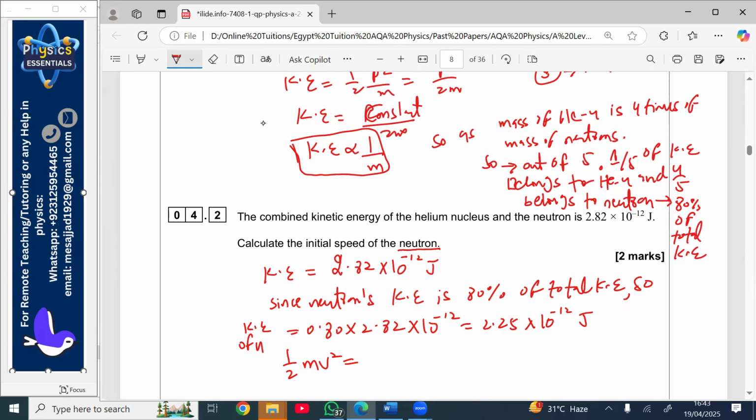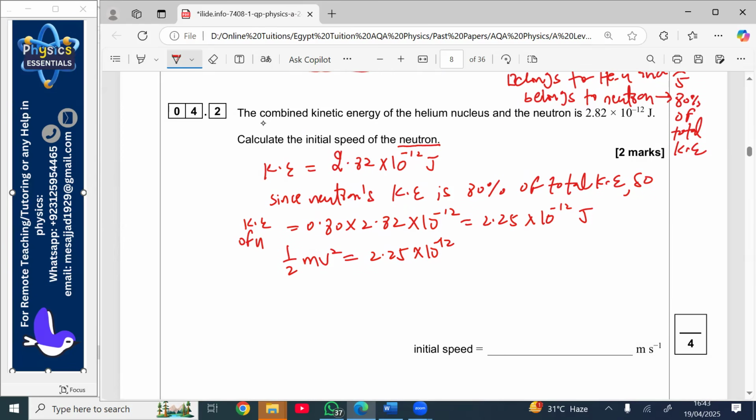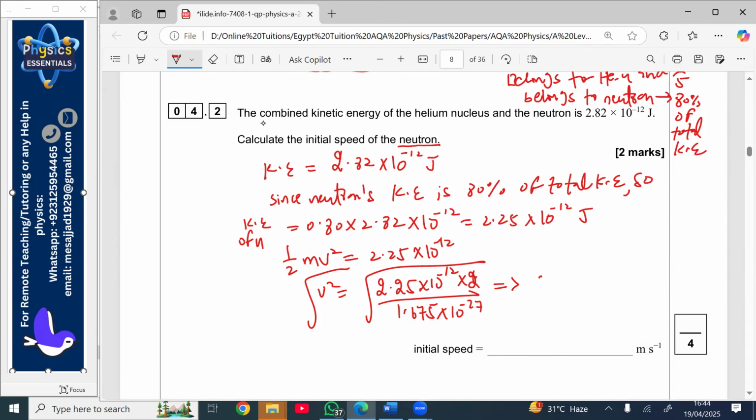Half mv square equals 2.25 into 10 raised to the power minus 12. Okay, and from here we know that the mass of the neutron given in your formula sheet is 1.67 into 10 raised to the power minus 27. So that is the mass of the neutron. And take the square root on both sides, and the final answer is 5.19 into 10 raised to the power minus 7 meter per second.